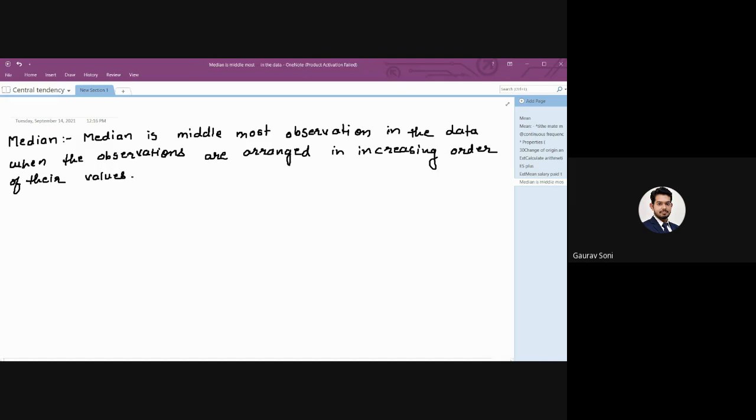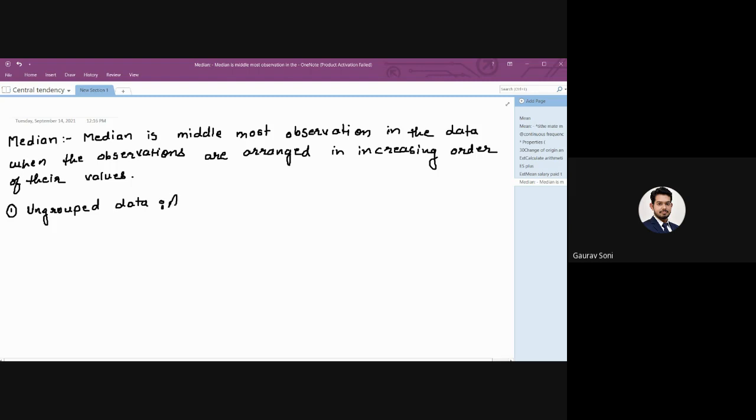So whenever we talk about a new way of expressing data, we should also talk about how to calculate it in different structures. Say the ungrouped data. For ungrouped data, how do you find the median?